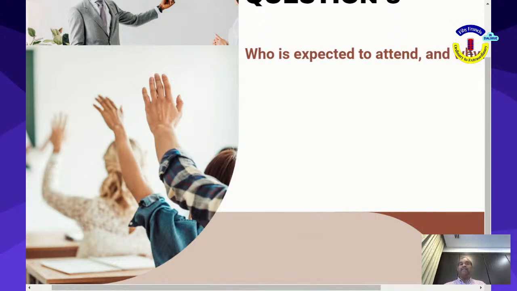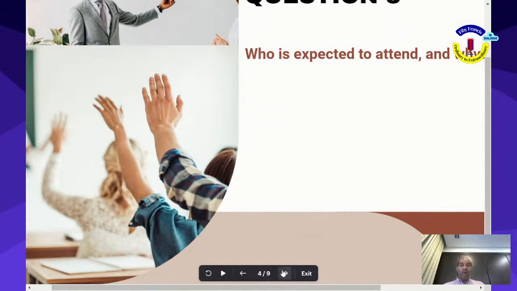Quite often, what happens in organizations is, we have this vision, strategy, etc., but down the line, people are not clear about that. How can we help them to know what the strategy is? How frequently are we doing that? Who is expected to attend and why? Are we sharing that reason? So that is question number 3.